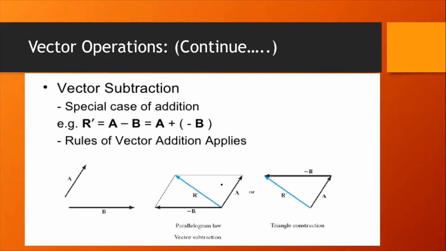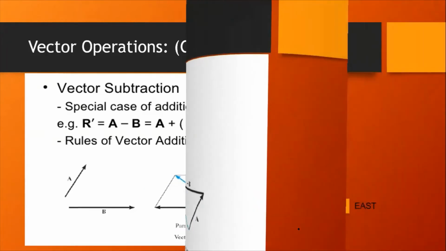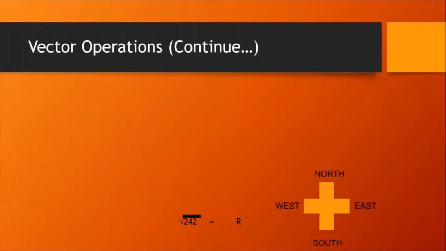So minus vector B will be this. Opposite sides should be equal. This is vector A. If you see this diagram, taking this triangle, this is one triangle in front of you. This is the triangle construction. So I'm moving towards the next slide, and what is happening over here?